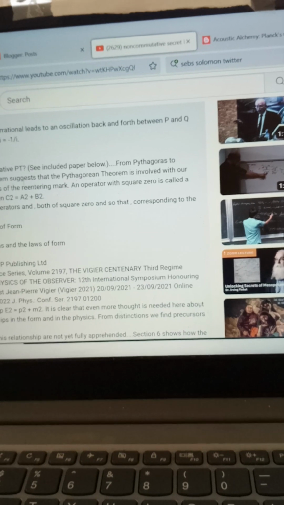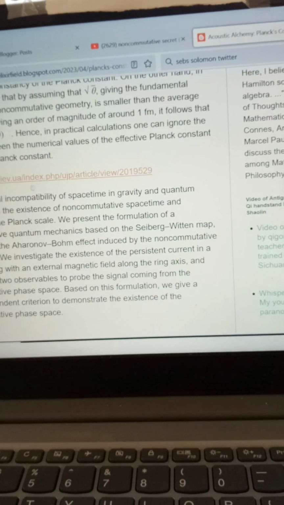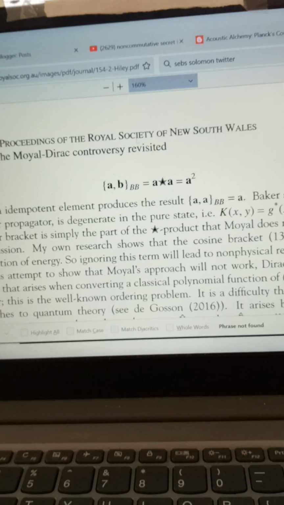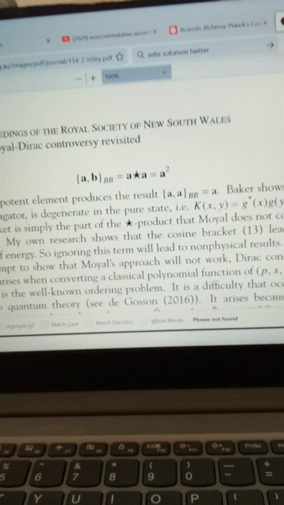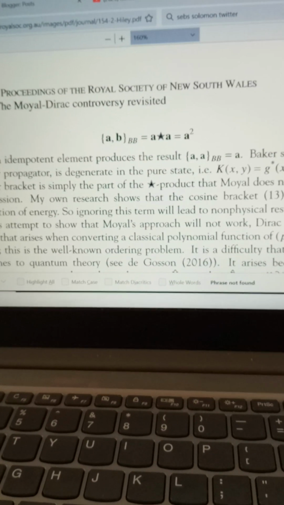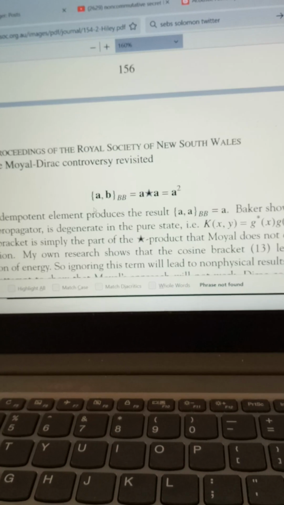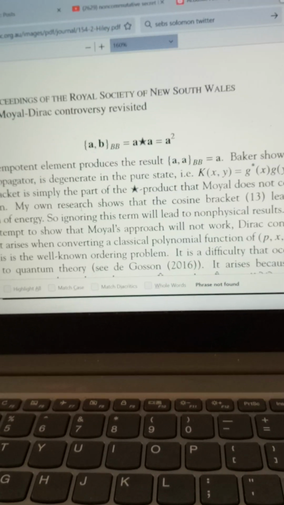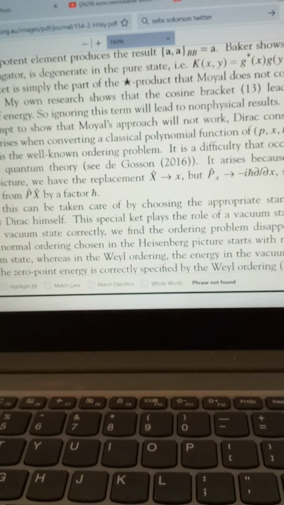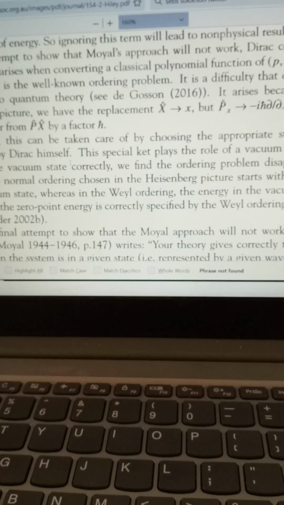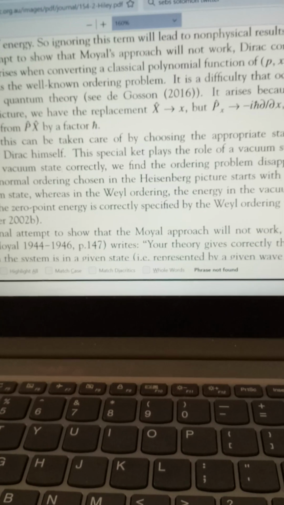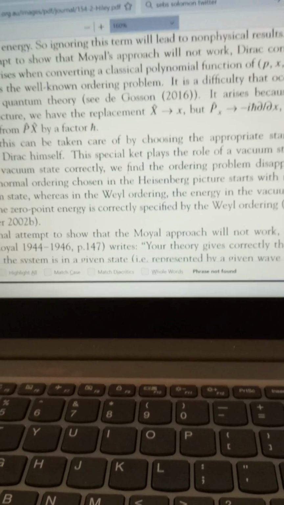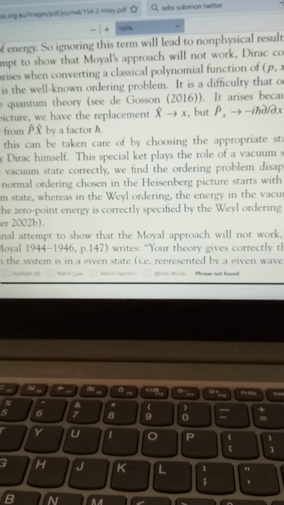So that nilpotent is actually an idempotent element. So you have this same square zero, and so this is the special role of the vacuum state, that by choosing the vacuum state correctly, we find the ordering problem disappears.